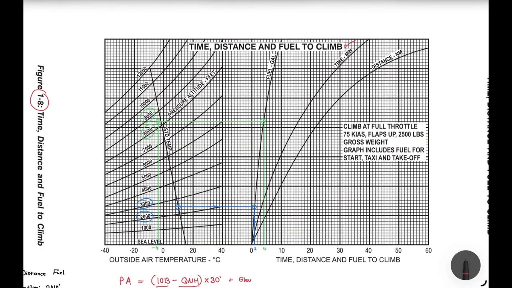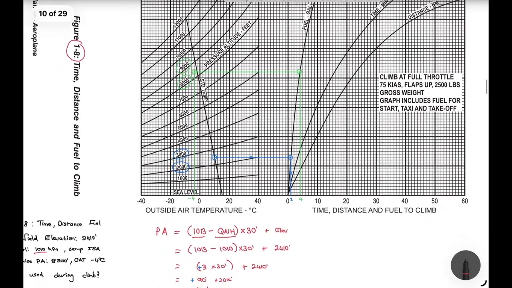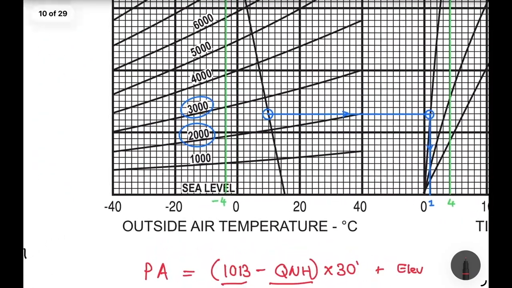Next thing we need to do then is figure out how much fuel we are going to use in the climb. The cruising pressure altitude that we are going to cruise at is 8,500 foot, and they also gave us an outside air temperature of -4 degrees Celsius. So follow me through on this green line over here.